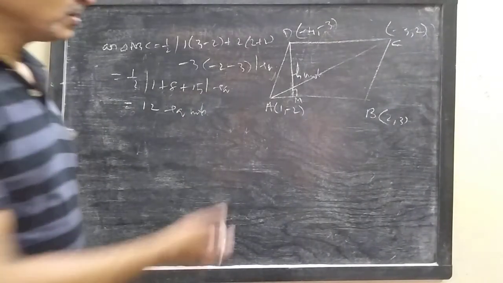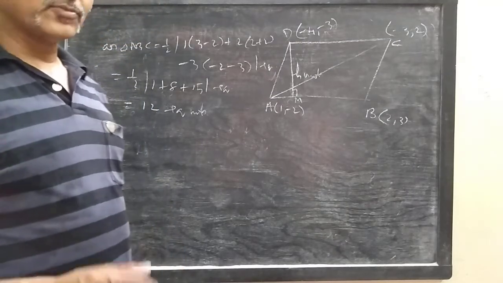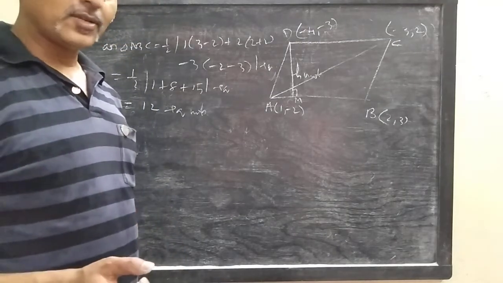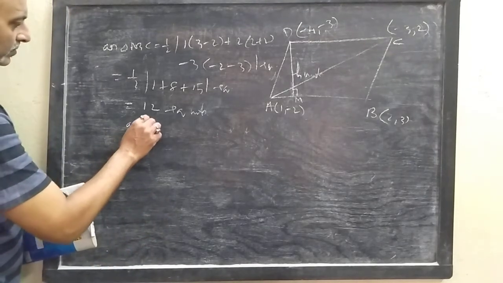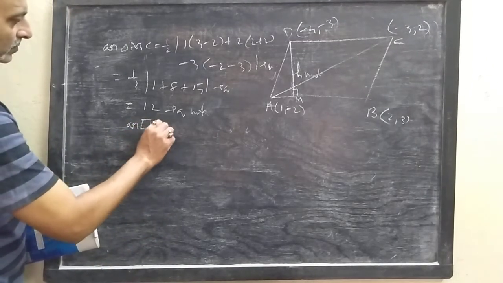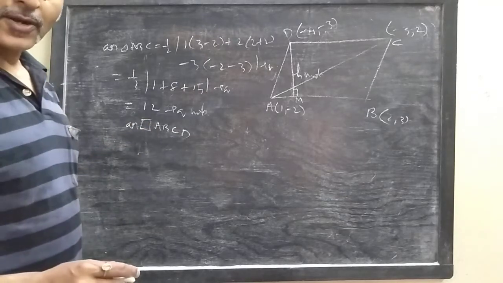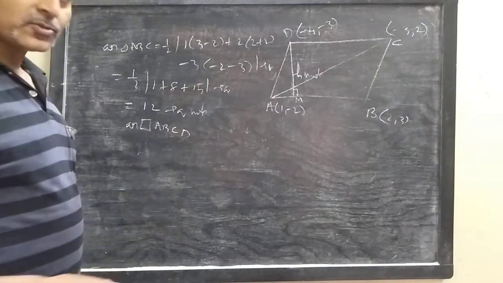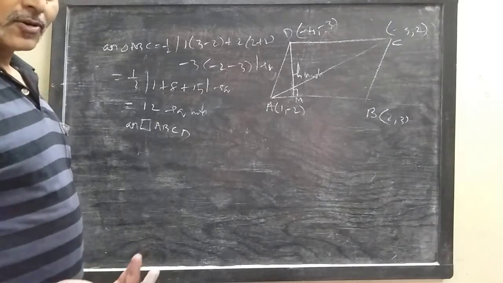We know any diagonal of a parallelogram divides it into two congruent triangles, and the areas of congruent triangles are equal. Look, this is not a symbol to represent a parallelogram. I am writing this to represent it as a quadrilateral, because a parallelogram is basically a quadrilateral.